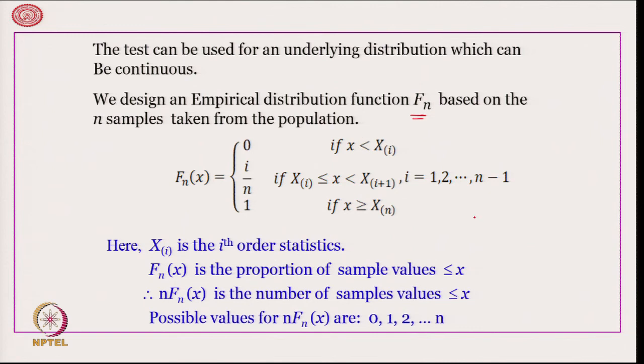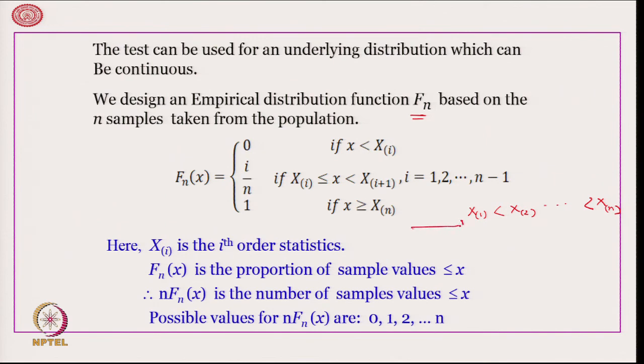So, we have the ordered sample, as I have said, that we have to take in sorted order: x1 less than x2 less than ... less than xn. What does it mean?